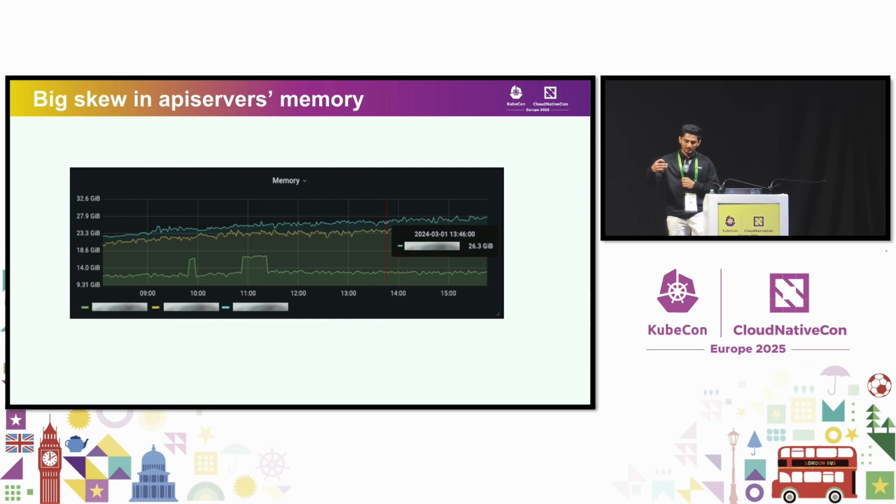So within a few minutes, we would observe that the yellow API server would be killed, and then eventually, because both blue and yellow are not serving any requests now, the green API server would not be able to handle the entire cluster's workload, and it would be killed as well. So we started seeing these kinds of cascading failures in our stack.